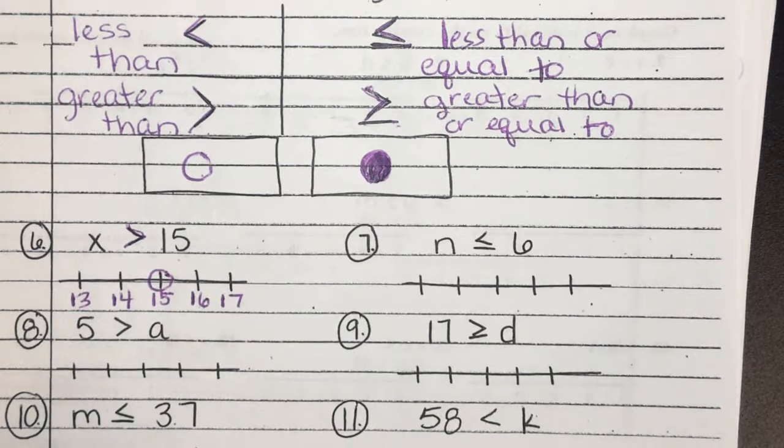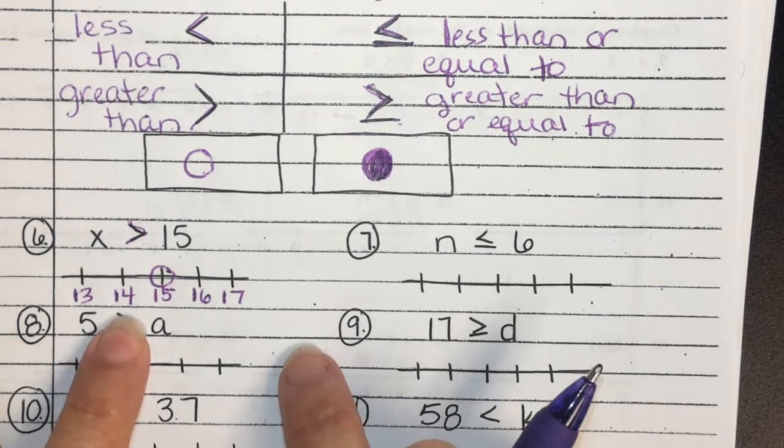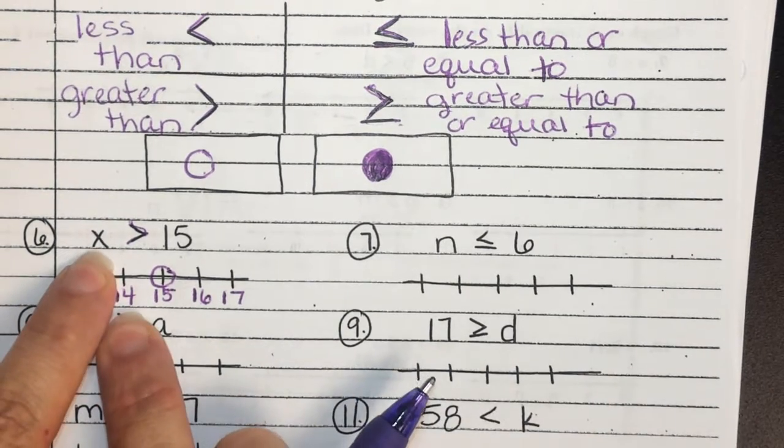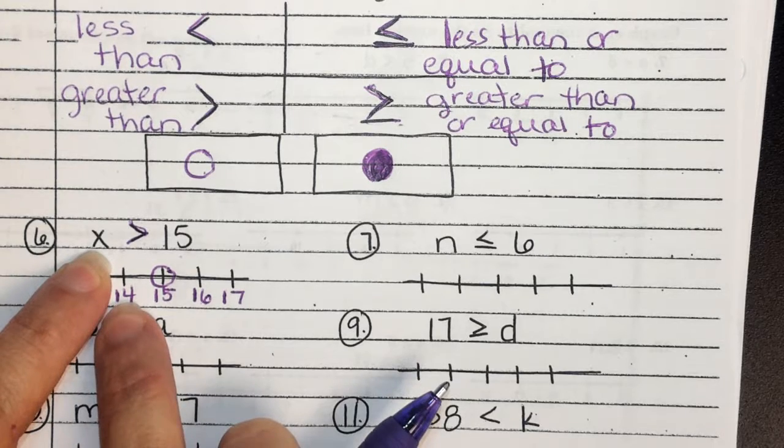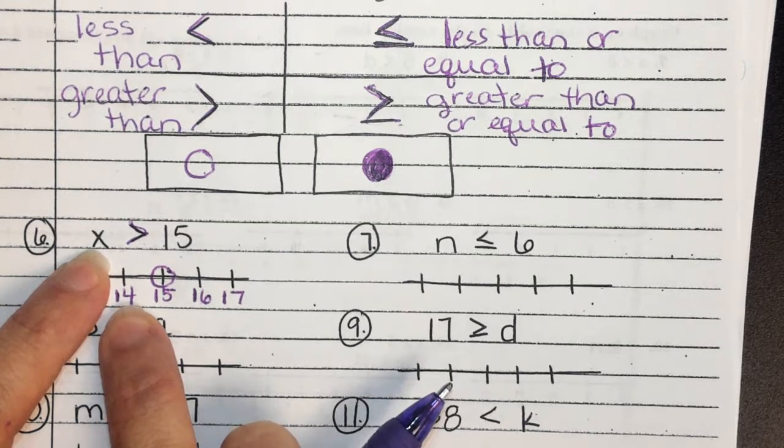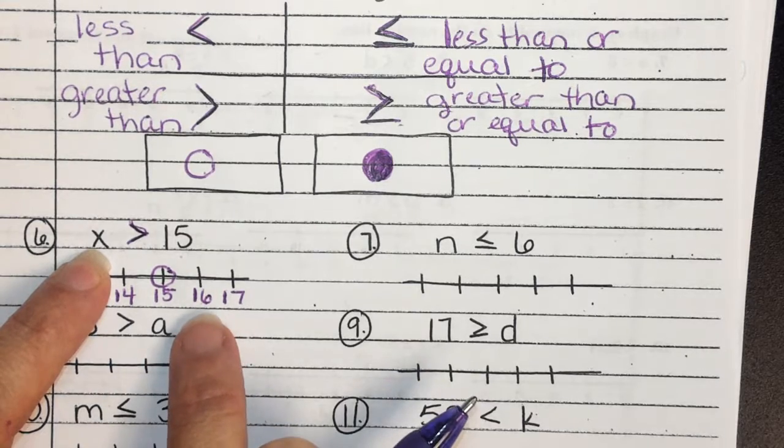Now, to figure out which side to shade, you see which ones would make sense. If I took 14 and put it where that X is, so if my X equaled 14, is 14 greater than 15? No. So I'm going to go to the other side. 16.